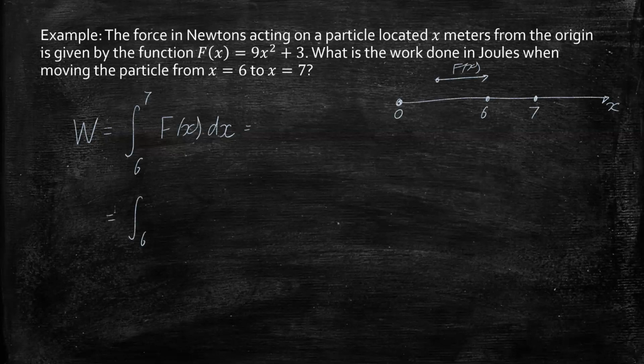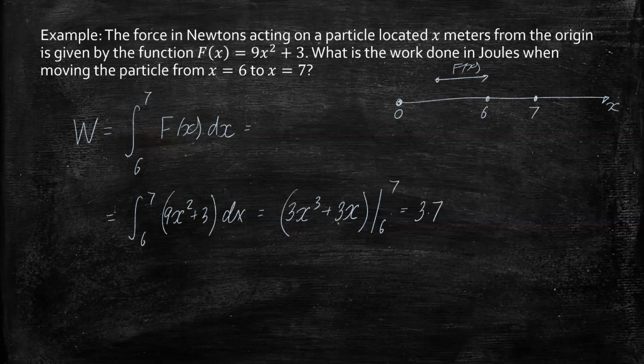So we have an integral from 6 to 7 of 9x squared plus 3, and we use all the knowledge of integration that we have. So 3x cubed plus 3x from 6 to 7. So 3 times 7 cubed plus 3 times 7 minus 3 times 6 cubed plus 3 times 6.